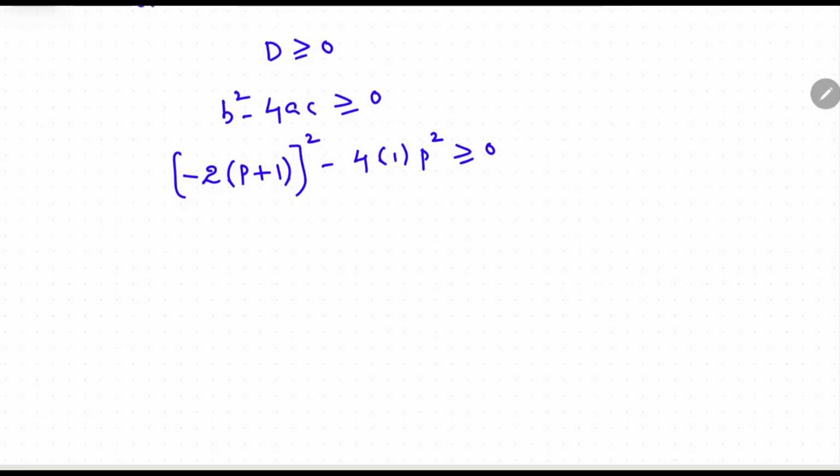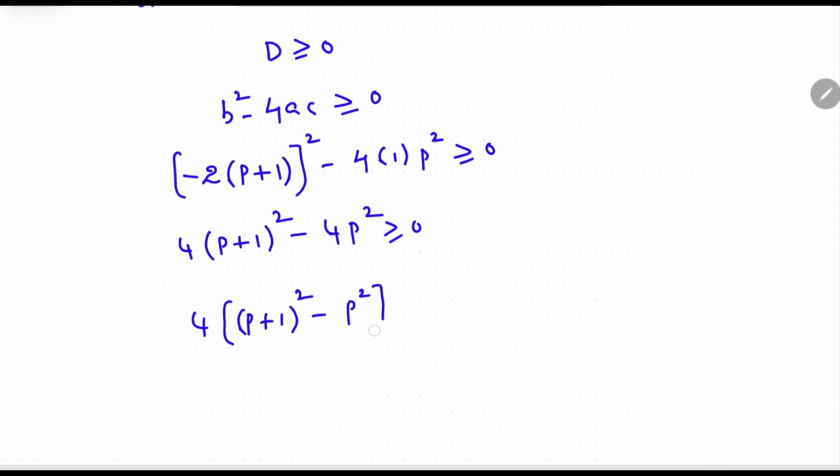Now here minus 2 power 2, therefore we have 4 into p plus 1 whole power 2 minus 4 p square greater than or equal to 0. So when you take 4 common here, we have p plus 1 whole square minus p square. When you transpose 4 to the other side, we get 0 by 4, which is equal to 0.